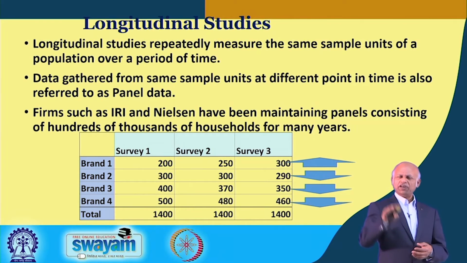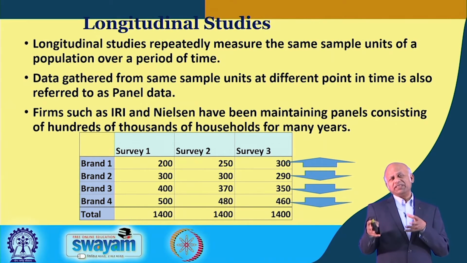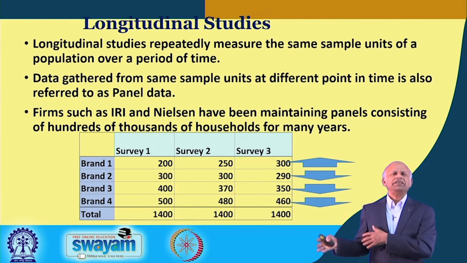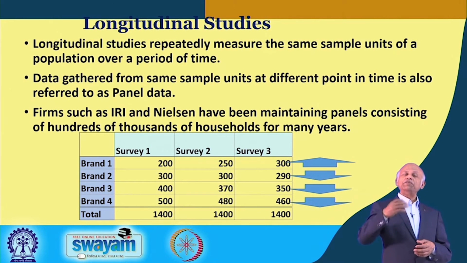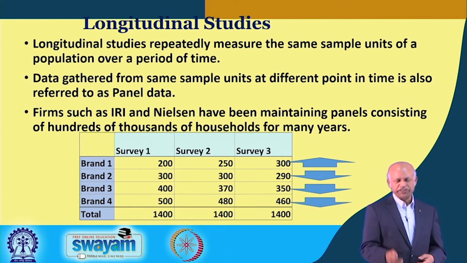Now, you can estimate the decline of other brands and then decide what are the distinctive features of your brand compared to these 3 other brands. Then you can try to improve that feature, so that moving forward you gain more and more traction, more and more market share.